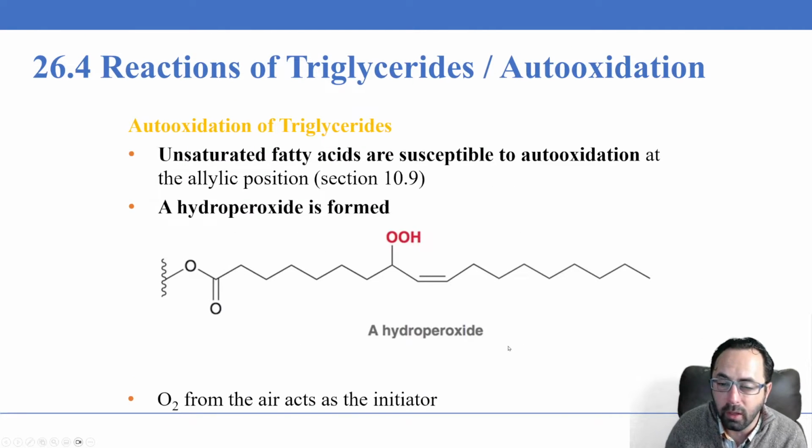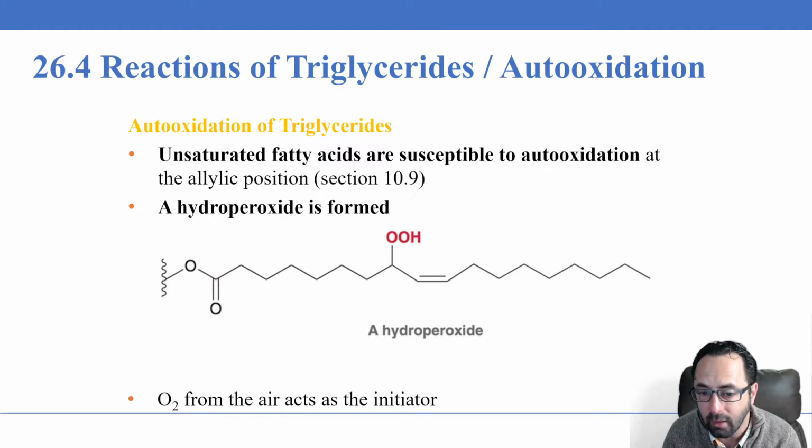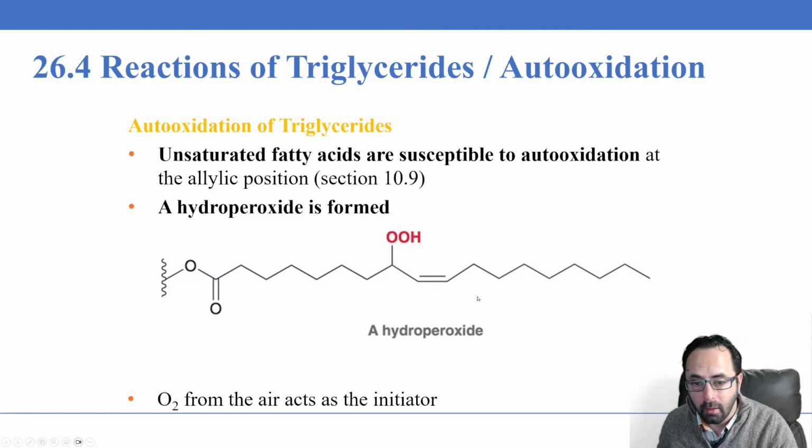Now, we discussed in chapter 10 how unsaturated fatty acids and any unsaturated hydrocarbon here can undergo an oxidation to produce a hydroperoxide. And so this involves a reaction here at the vinyl carbon, which can be abstracted in a radical chain mechanism, and then oxygen can attach and get protonated and produce a so-called hydroperoxide.